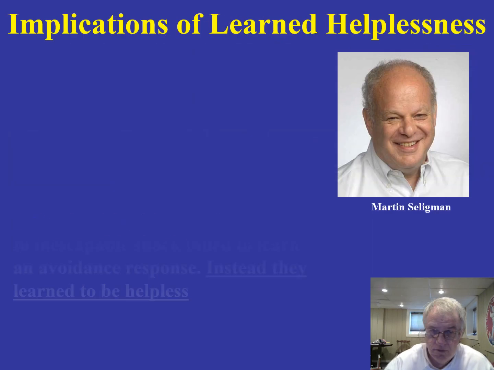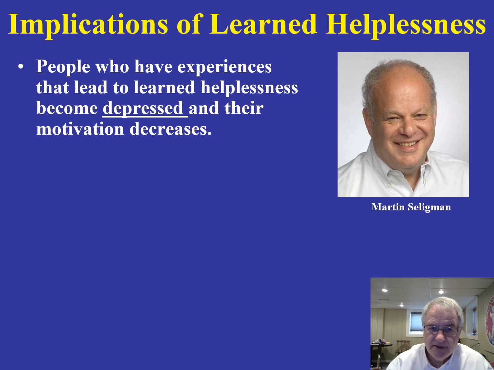So when we look now at the implications of this learned helplessness, Martin Seligman says there are people in the world, sadly, who have experiences that lead to learned helplessness. They're involved in situations where repeatedly, for one reason or another, they simply have no success whatsoever in very difficult situations that they're in. They become depressed. And indeed, their motivation goes way, way down.